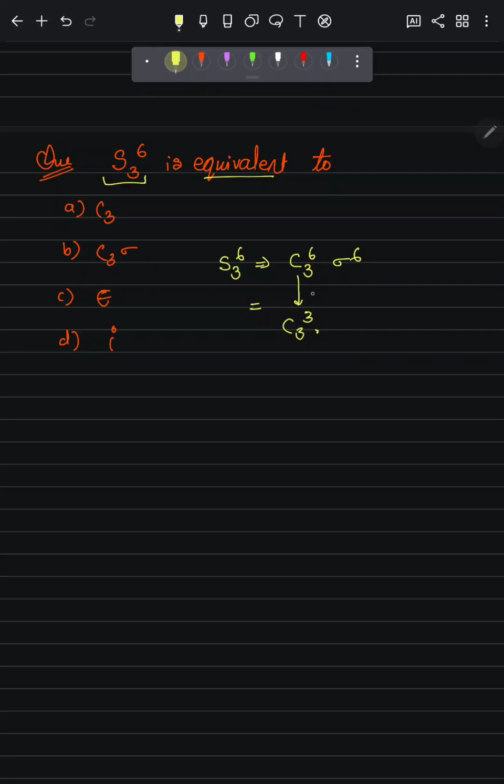We can split this into powers, and when the bases are the same, powers are added. Sigma to any even power is equal to identity, so this will become identity. Cn to the power n is also identity, so this all becomes identity into identity. So the answer will be identity. This will be the right answer.